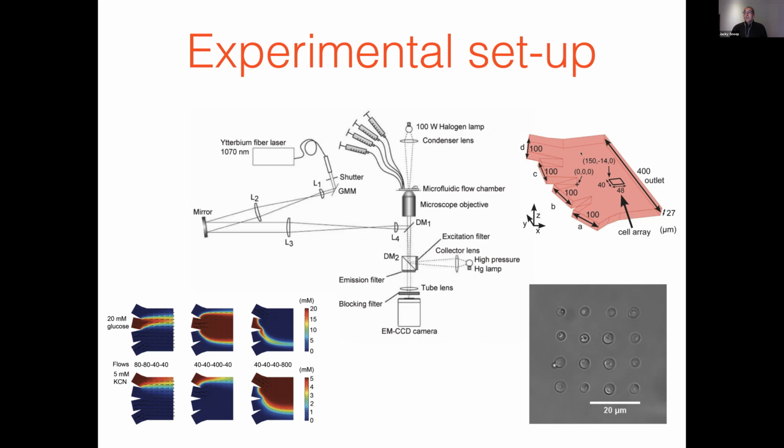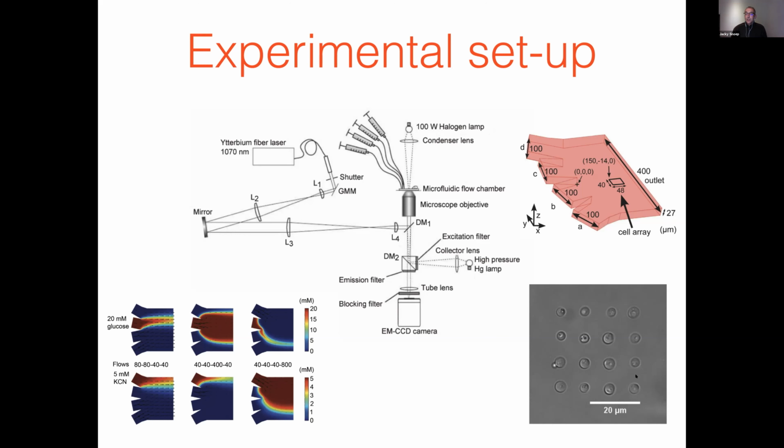This is the microfluidic chamber enlarged, where the cells are positioned in this square, and the environment the cell sees can be influenced by changing the rates of medium influx through these four channels. If you have a high flux through this channel, that's what the cells see here. If you increase the flux through this channel, they will see that medium there. So you can make small perturbations to the cellular environment and look at the effect.